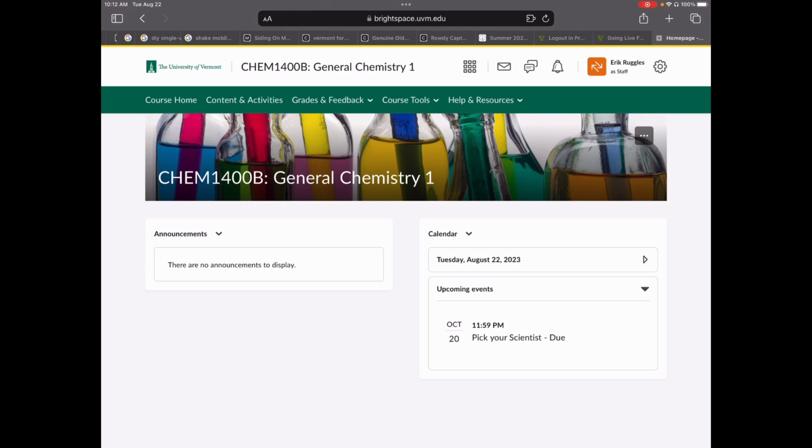If we look at the bottom left, we have announcements. No announcements yet, but as soon as the course is open, I will be using announcements a lot to keep us in tune with the schedule and where we're going, what's expected of us, etc. And then there's the calendar, which we see off to the right. We already do have an assignment that's coming up, which is this Pick Your Scientist thing.